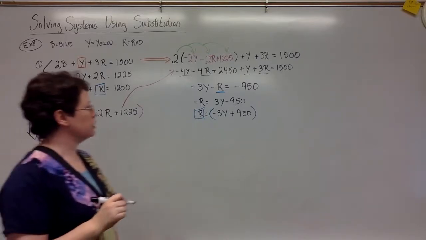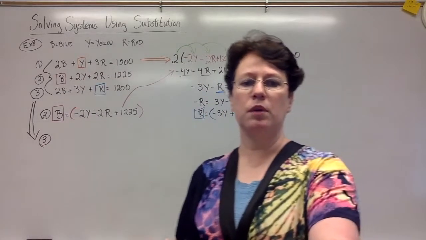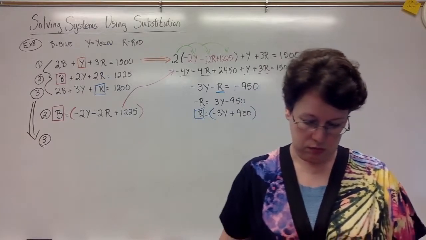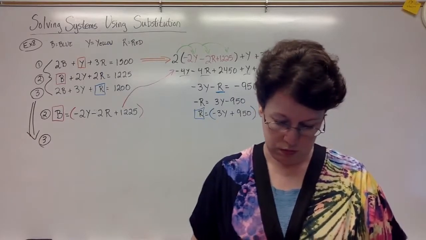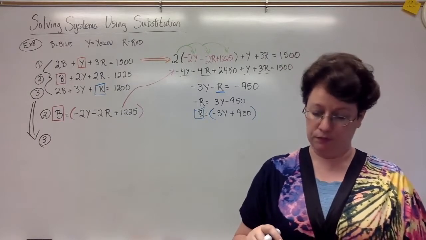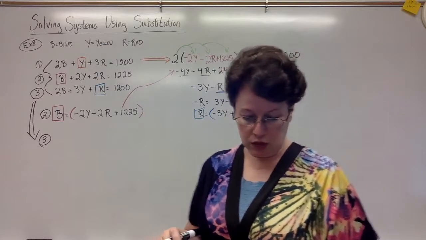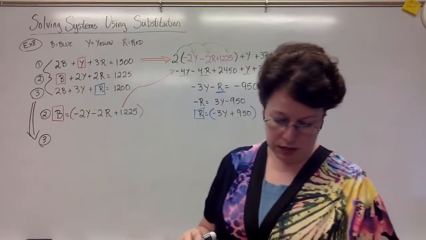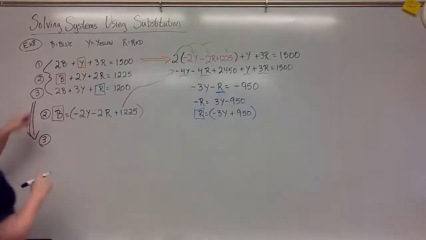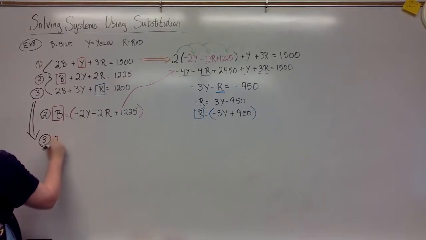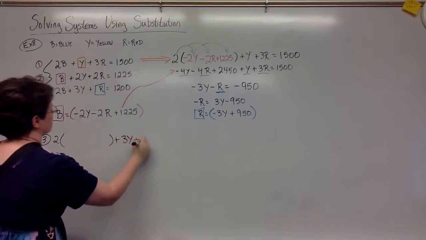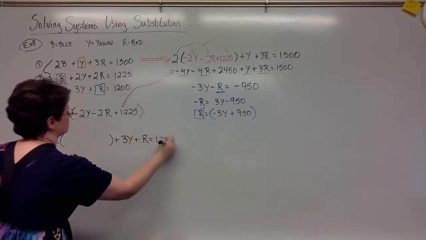What can I plug into equation 3? Well, I know what b is, and I know what r is, right? Let's just plug in b and see what we get. So equation 3. I have 2, got my b, plus 3y plus r equals 1200.